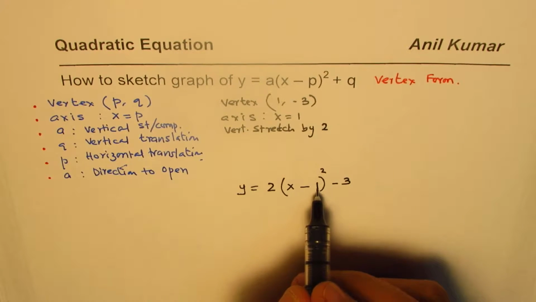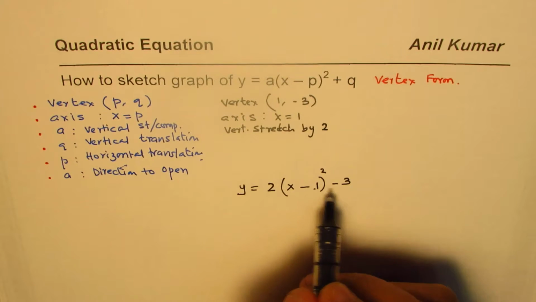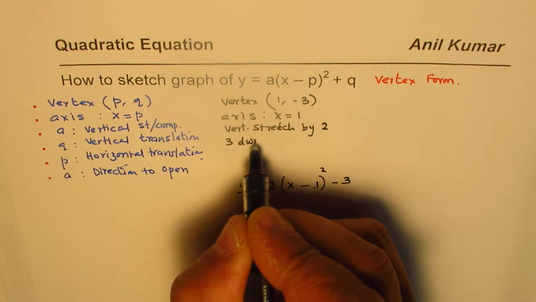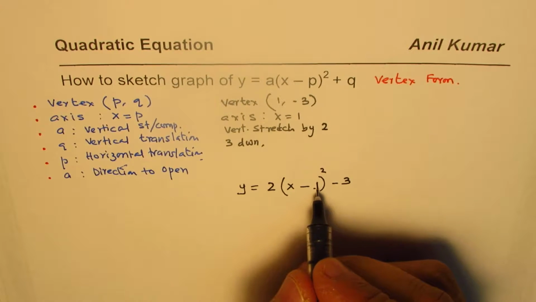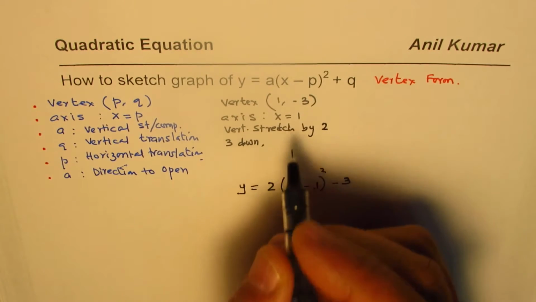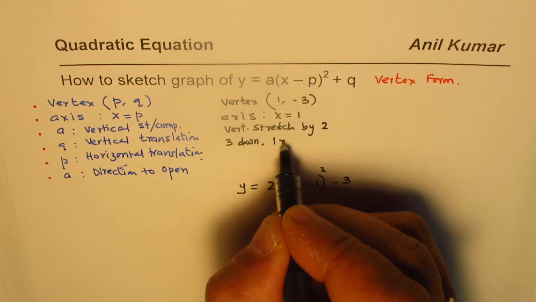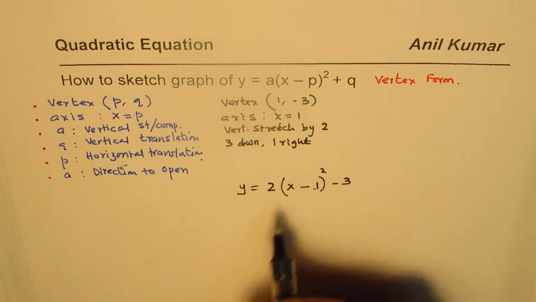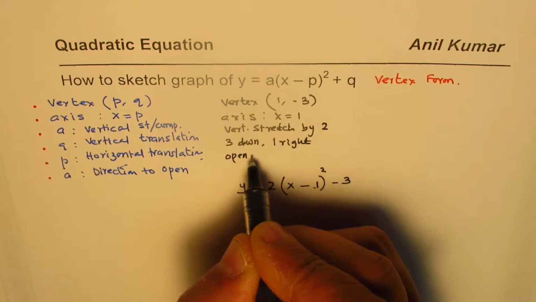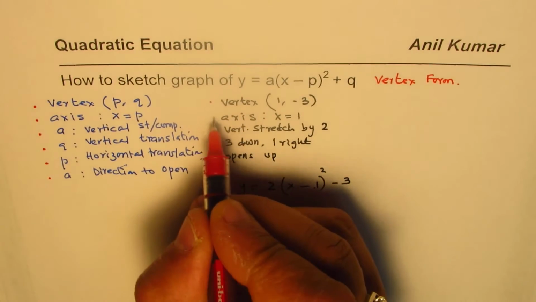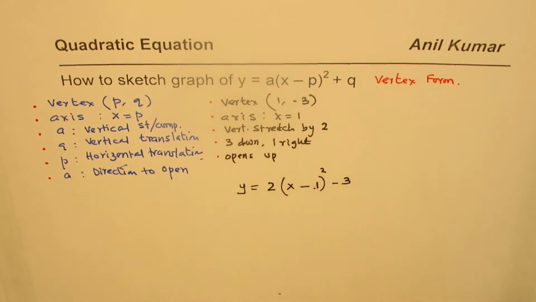These two terms give you the translation, horizontal and vertical: 3 down and 1 right. And it opens up. These are the characteristics which we can write straight away from the given equation.